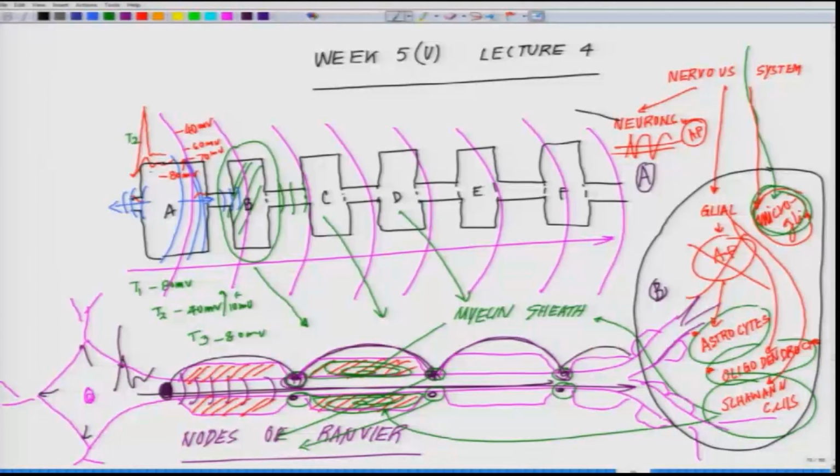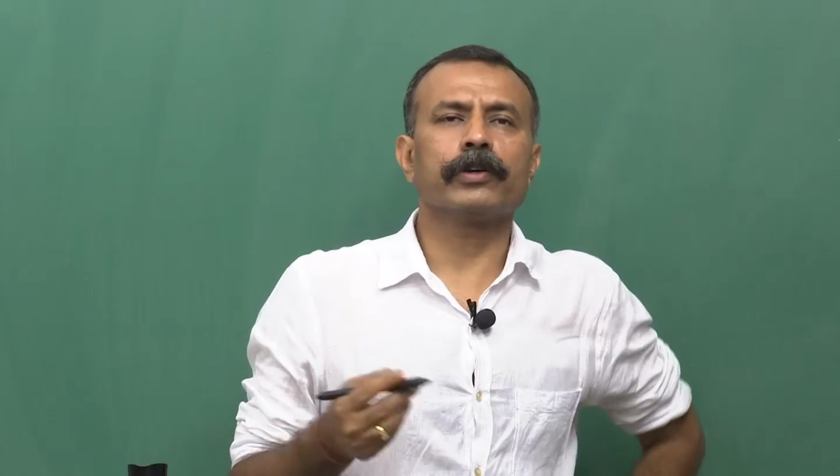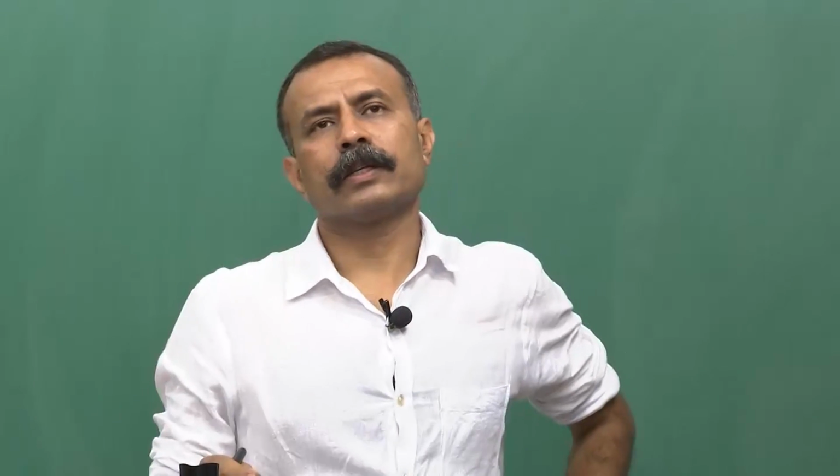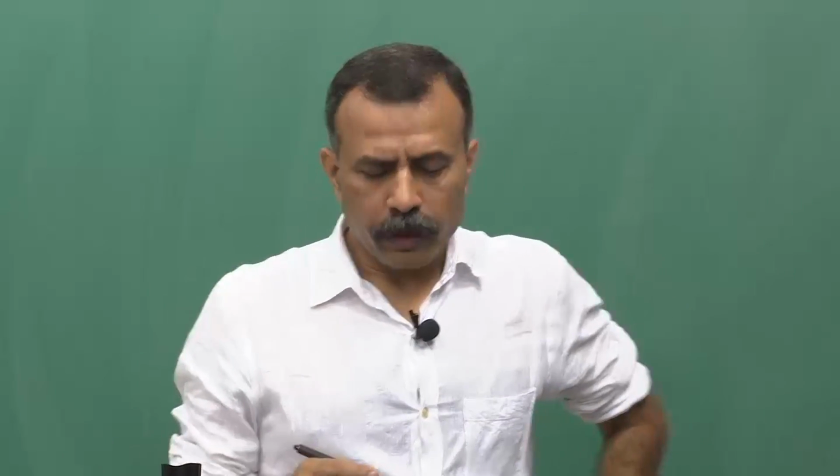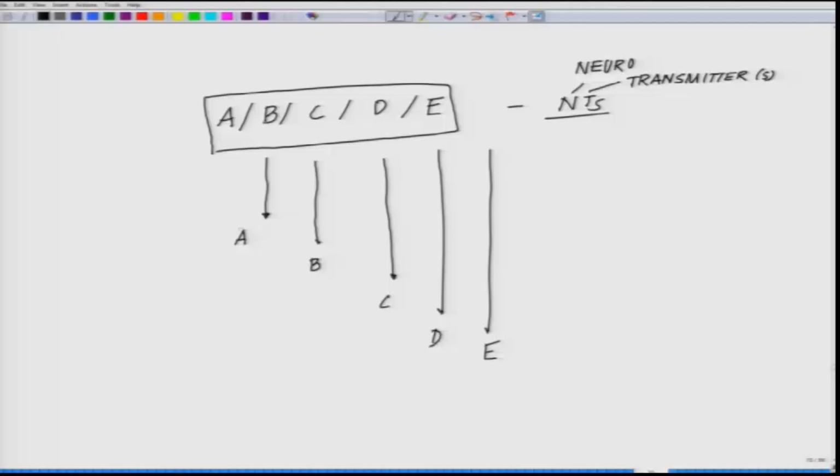Say for example, a neuron produces a neurotransmitter, say acetylcholine. Okay. So, then say A stands for acetylcholine. If it is producing acetylcholine, then this neuron will be termed as a cholinergic neuron.